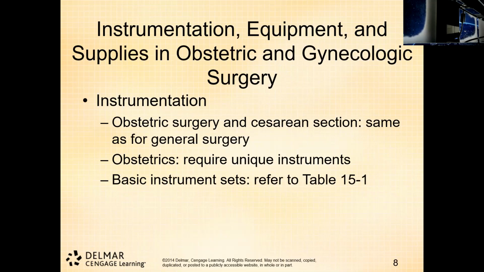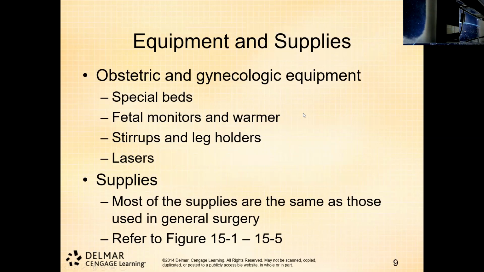And we'll discuss some of that instrumentation once I get the instrument list and look at what set or the different sets that some of the instruments will be discussed in. If you do have the textbook with you, look at table 15.1, that should be on page 513. You'll see a list of some of those instruments that are being mentioned. We'll review some of those here in a short minute.